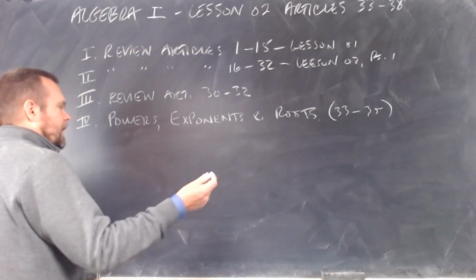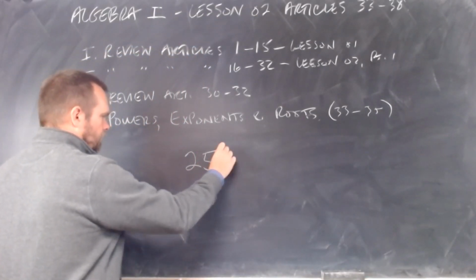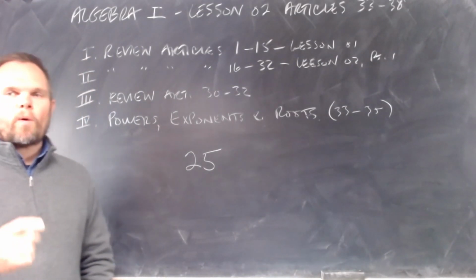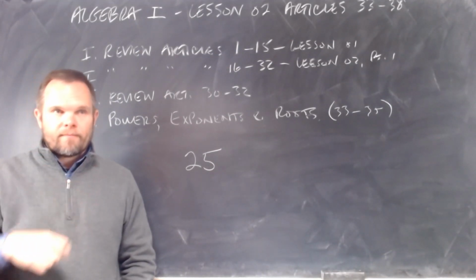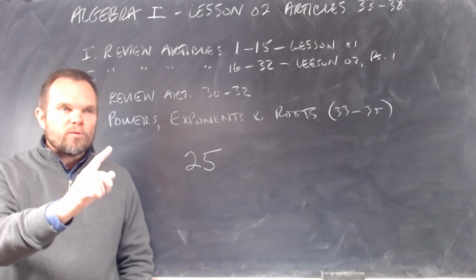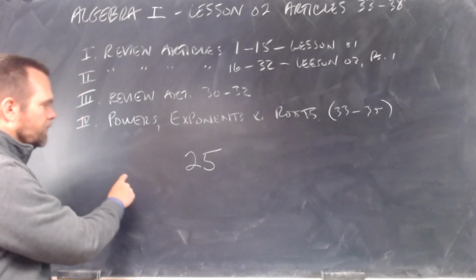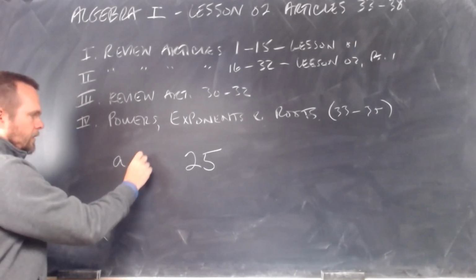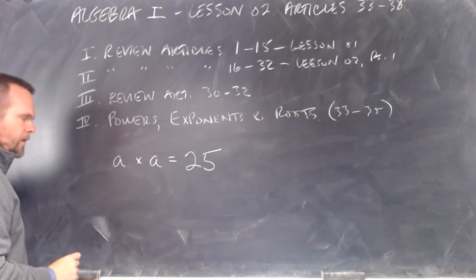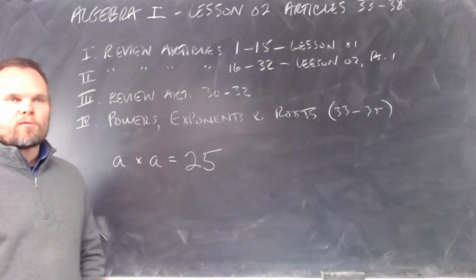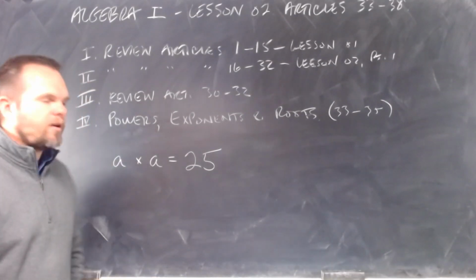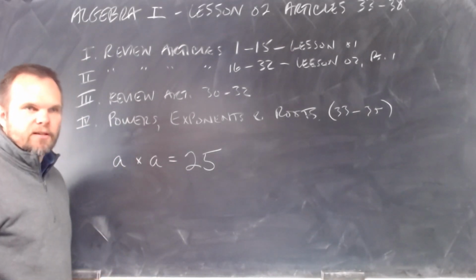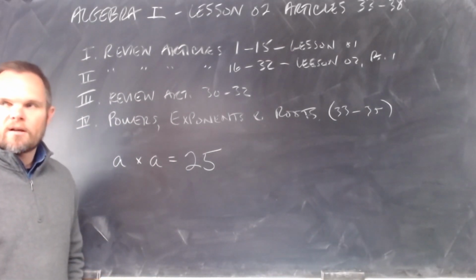So let's say we have the number 25, and I ask you, what is the square root of 25? The root is the number, we'll use the quantity A. If I ask you, what is the square root of 25, what I'm asking is, what quantity multiplied by itself produces this quantity?